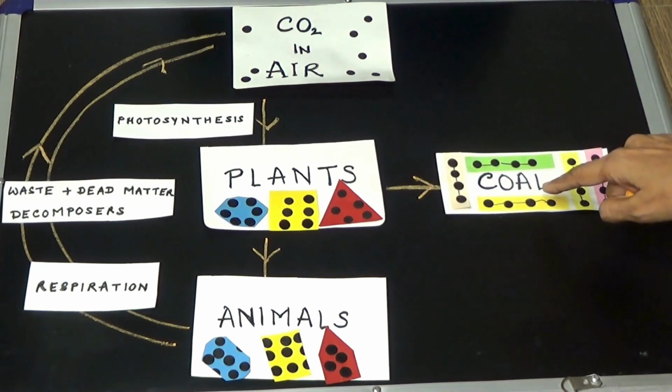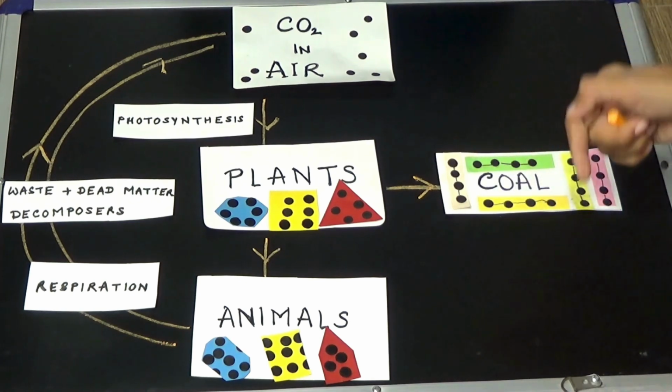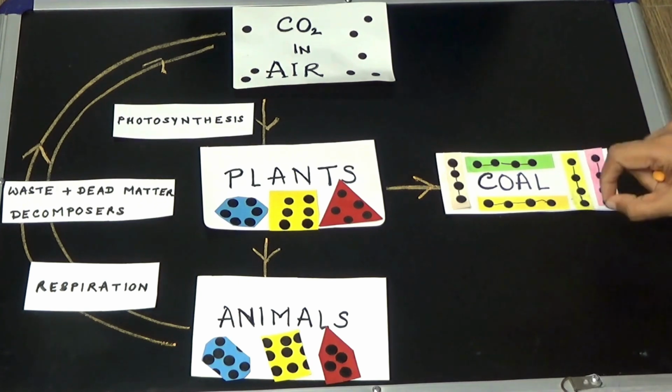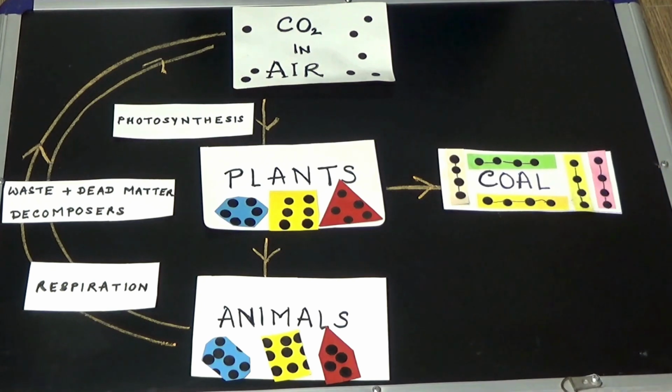So this coal is actually generated out of plant bodies which have accumulated over millions of years and gone through a lot of chemical change to become coal.